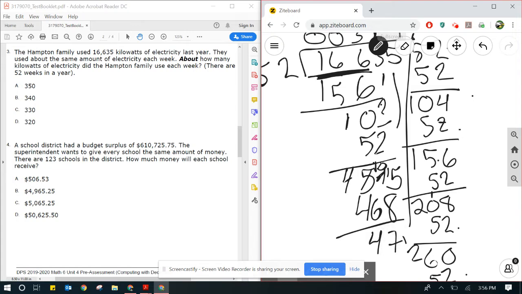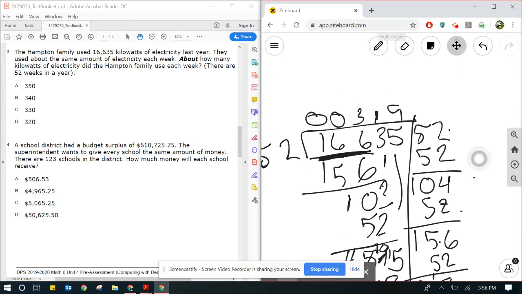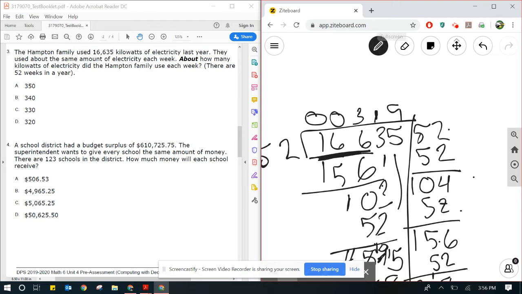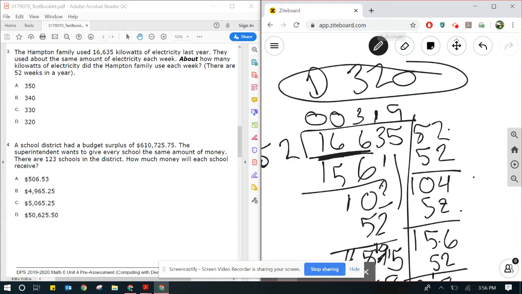The remainder is 47. So my answer now is, it says 319. So that's going to be close to B, 320. So over there, my answer is B, 320. That's my answer.